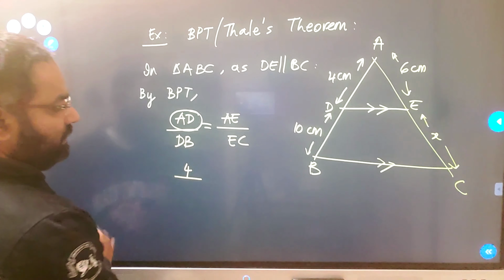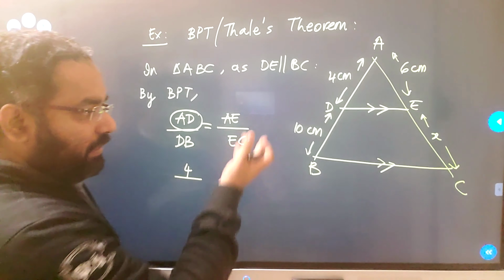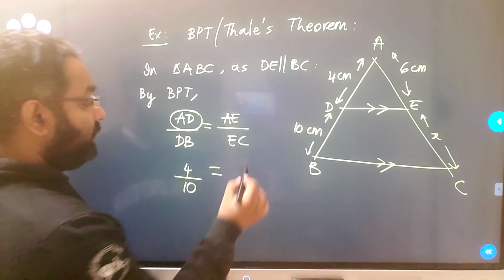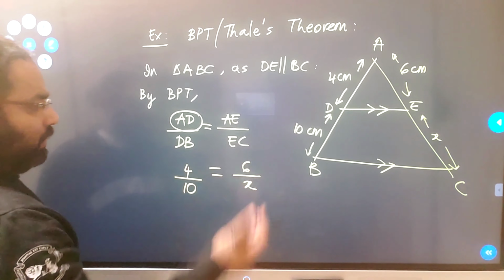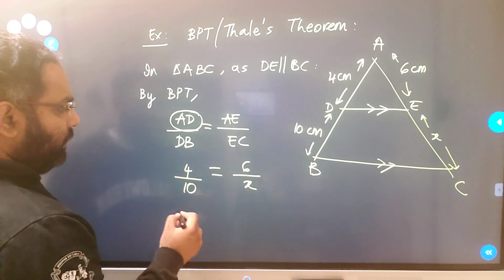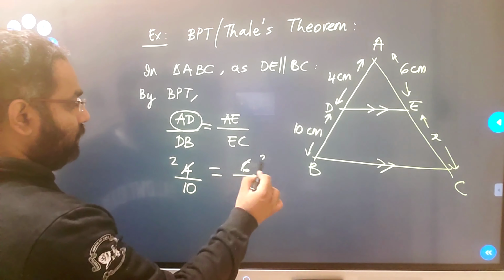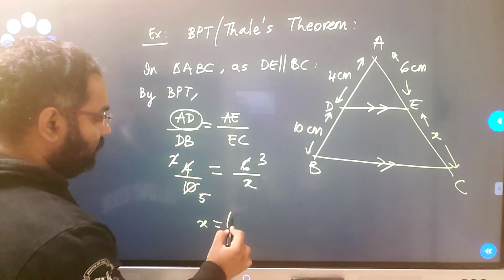AD is 4 centimeter. I'm not going to write the unit when I substitute, it's anyway a ratio. DB is how much? 10. What's AE? 6. What's EC? Unknown side X. Now just cross multiply. I think you should be able to get the answer. But anyway, I can simplify: 2 times, 3 times, this goes 5 times, so x becomes 15.